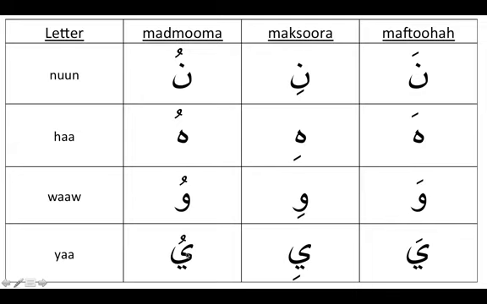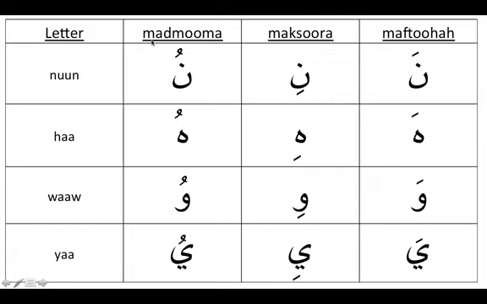So I'm hoping you're starting to at least understand how the sounds of the letters change when you put these diacritics on them. The short vowels. When you place a fatha on it, the letter is called maftuha. When you place a kasra below it, it becomes maksura.